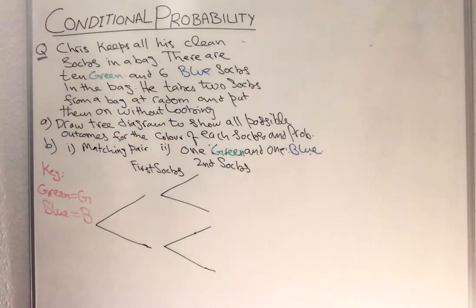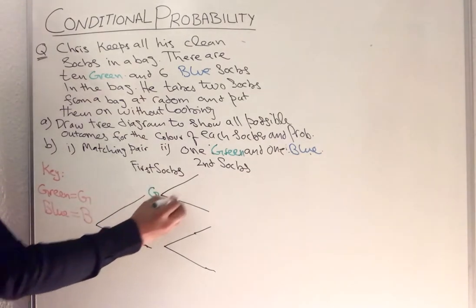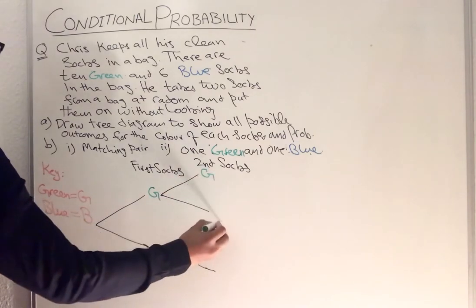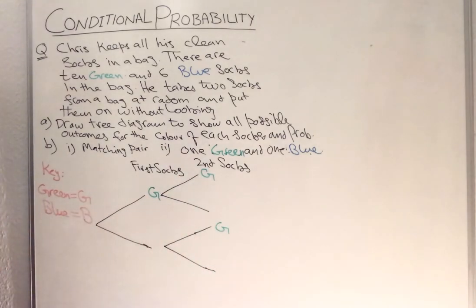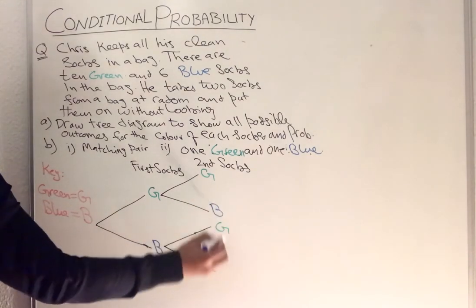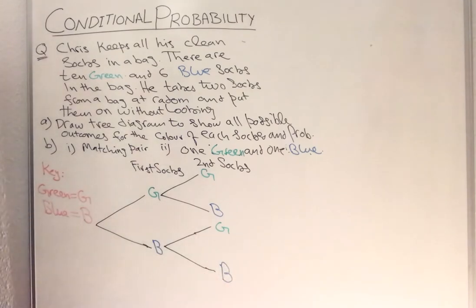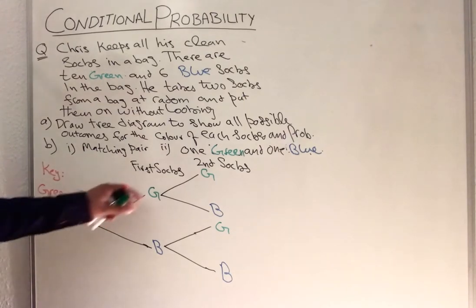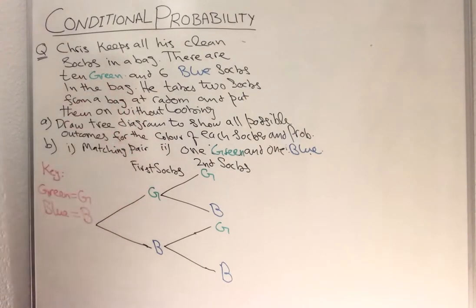So now we are moving with green and blue. This is green, this is green. If this is blue, this is blue, and this is blue. Now you can see we have two colors. The first sock is green out of that.